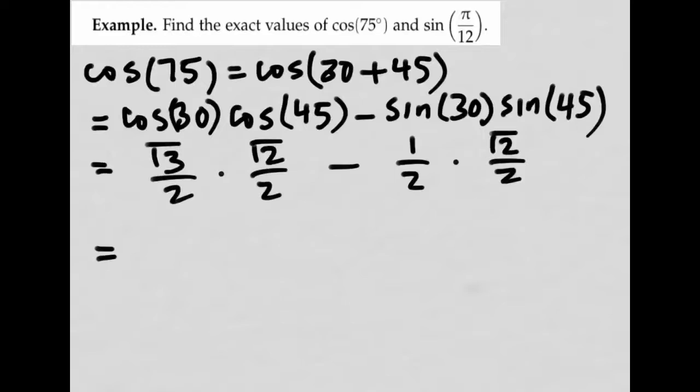Root 3 times root 2 is root 6, minus 1 times root 2 is root 2, divided by 2 times 2. Notice the denominators are the same, that's why I combined the numerators. That's divided by 4. So the exact value of cosine of 75 degrees is precisely root 6 minus root 2, all divided by 4.